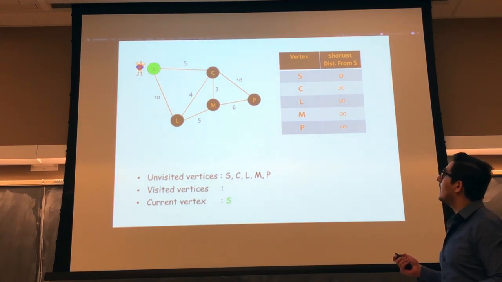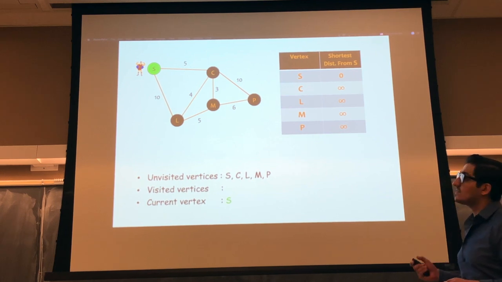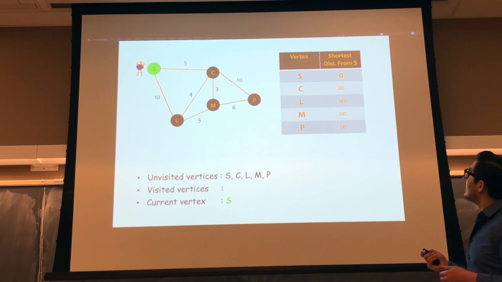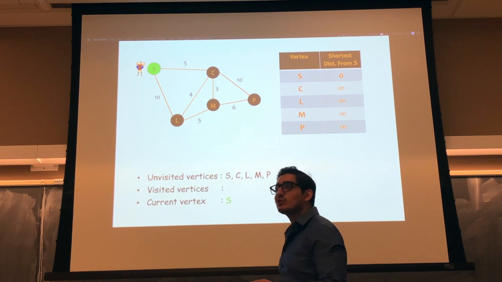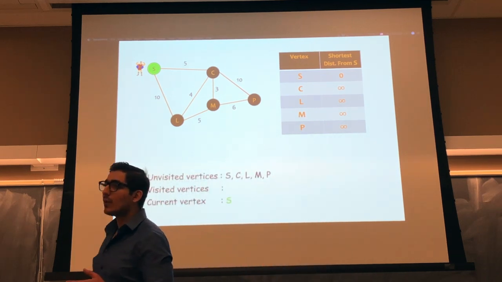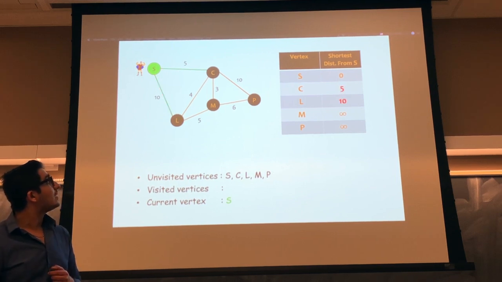For example, consider C. Currently known shortest distance from S is infinite. However, if we want to reach it with S as its immediate predecessor, we can get there in 0 plus 5 minutes. So 0 plus 5 is equal to 5, which is smaller than infinity, so we have a shorter path. We obtain a shorter one, so we can update it. Same reasoning goes for L.